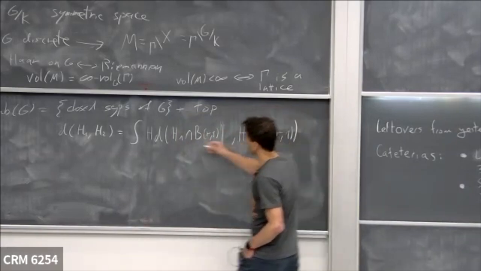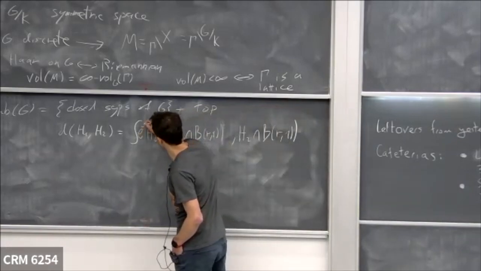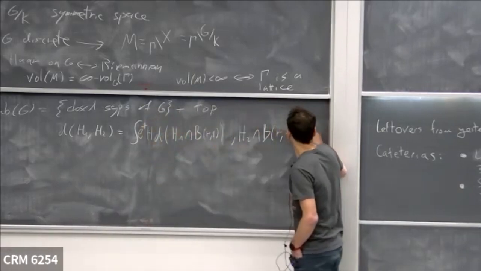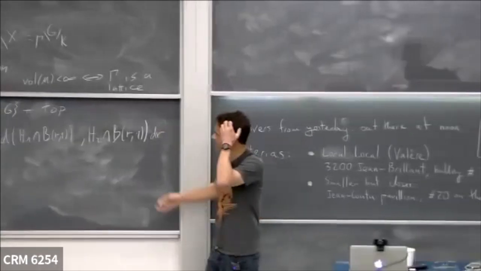And then you need to multiply by some function that decays fast enough so that this integral will converge, and this tells you the distance between two groups.